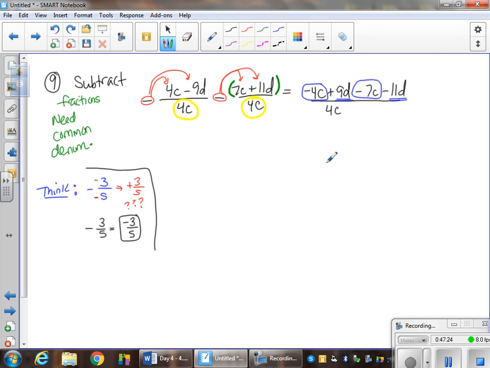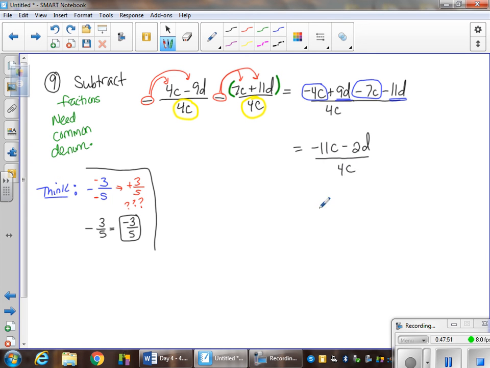Don't say 3. Be careful. Negative minus negative becomes a bigger negative. So I have -11c, positive 9 plus 11. Oops, I said c and I wrote d. -11c, excuse me, minus 2d all over 4c.